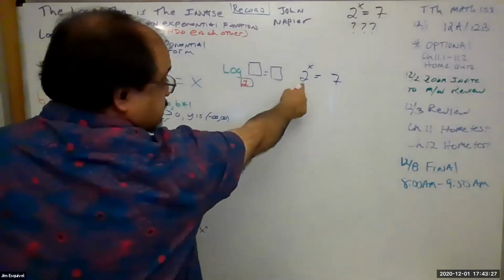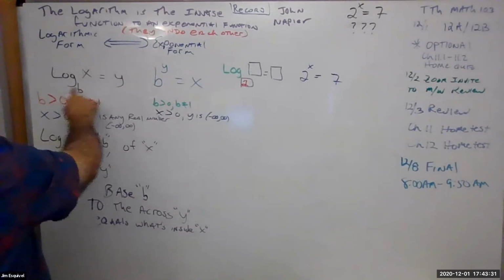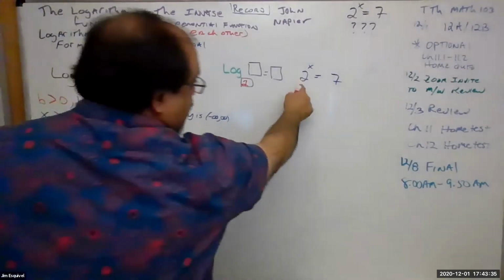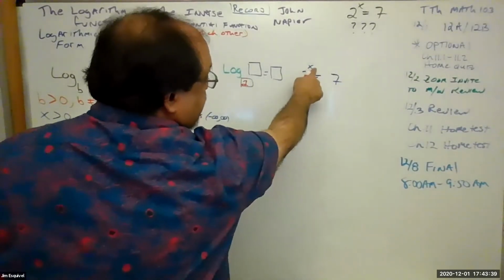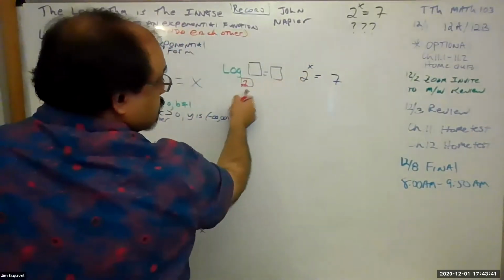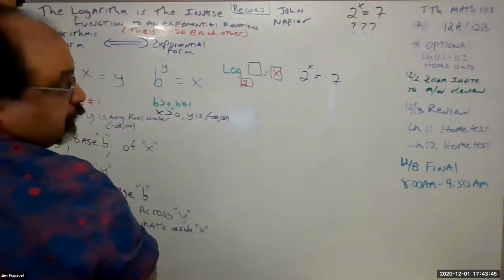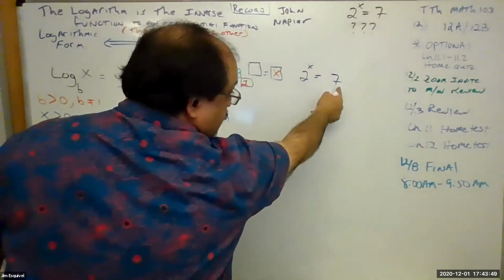Since that base is a 2, the base of the logarithm and the base of the exponent are always the same thing. Base to the across. The x is my across, equals what's inside.